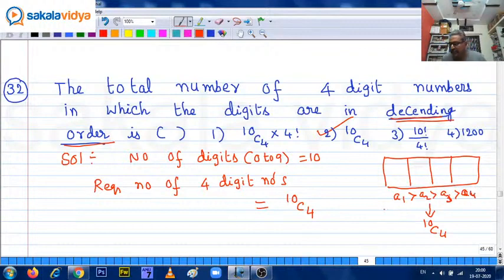Exactly. So this is the correct one. That's why 0 will not come in the first place. So that is the reason. Okay.